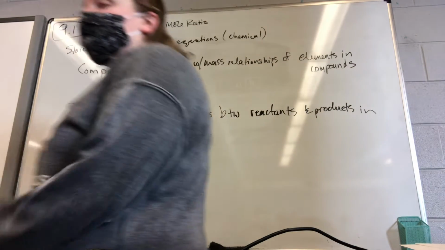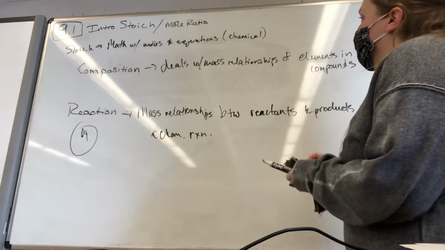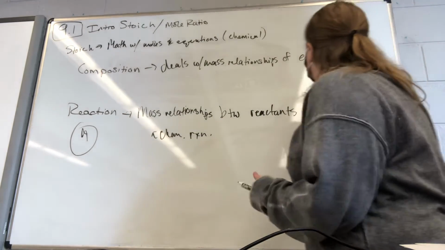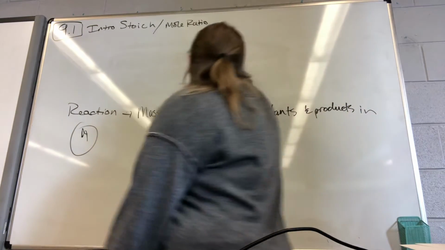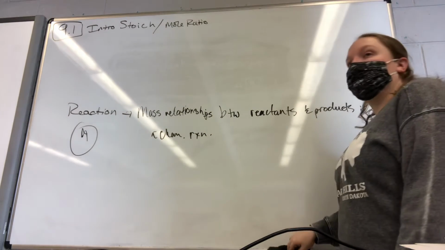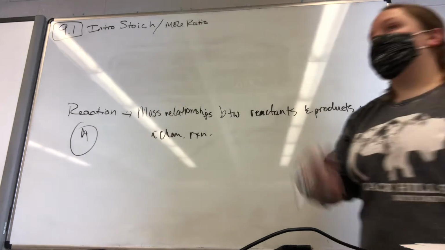There are four types of reaction stoichiometry. Again, we've done a lot of composition stoichiometry so far, a lot of stuff like what is the percentage of a compound that is carbon? What is the percentage of the overall compound that is whatever element?